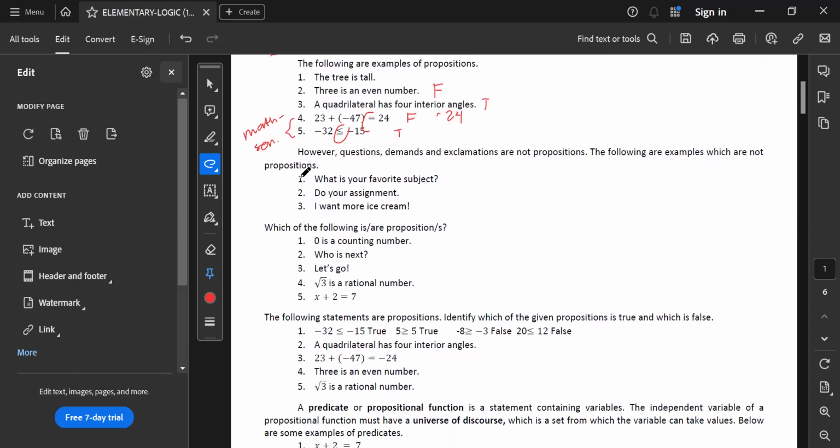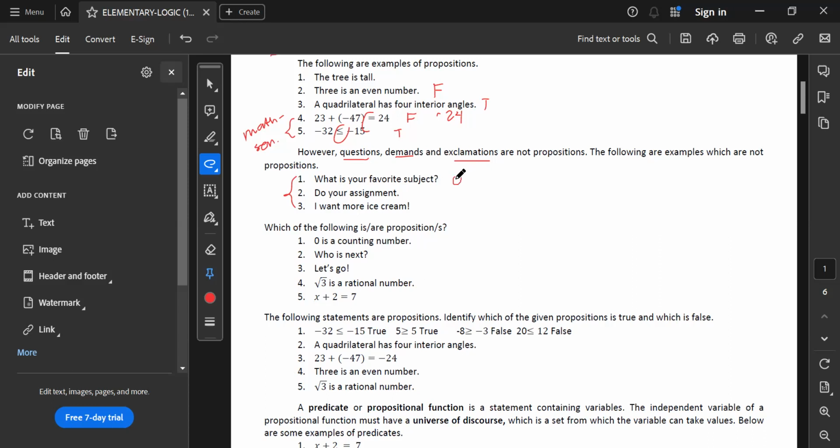The following statements are not examples of a proposition, because if it is a question, a demand, or an exclamatory statement, it is no longer a proposition. Like the first one, what is your favorite subject?